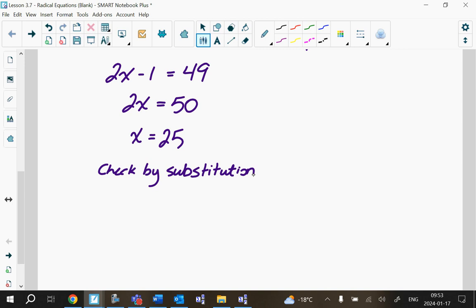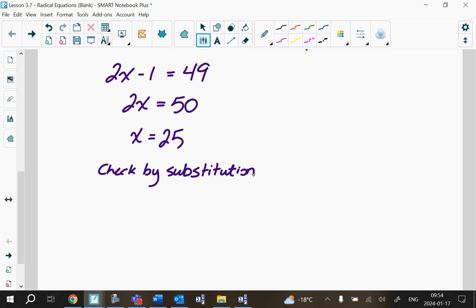Squaring does that sometimes. It's like a fake answer, which is why you must always check. And what do we call an answer that we get, but when we check it back in, it doesn't work? That's called an extraneous root or an extraneous solution.